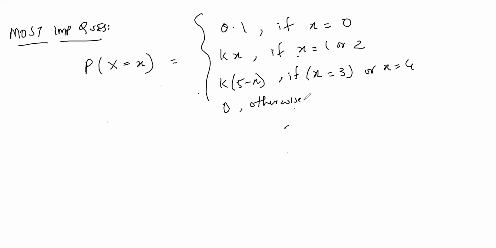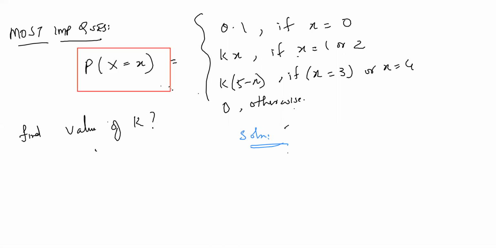The first question in this is to find the value of k. So, solution. First thing is, while seeing this itself, this particular thing is the same as x equal to 0, 1, 2, 3.